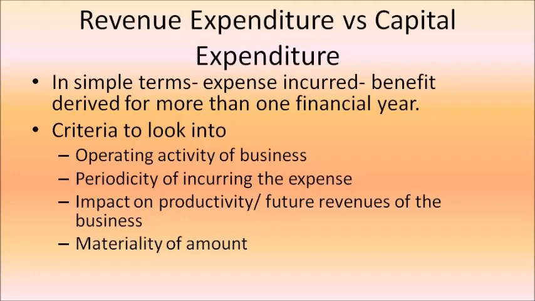On the other hand, if we look at a school as an example, school purchases various kinds of furniture like tables, chairs, and a blackboard or a projector, or so many investments it makes. The benefit it derives from such investments are lost for more than one financial year.